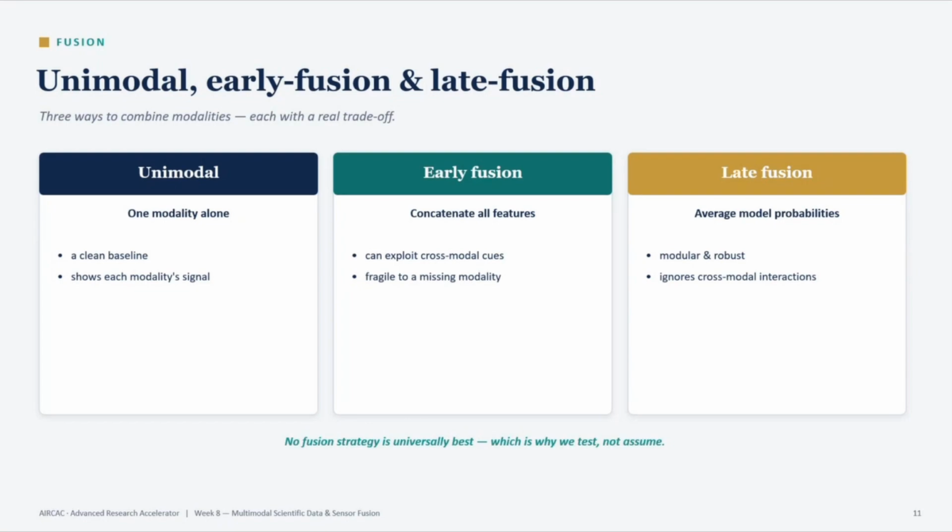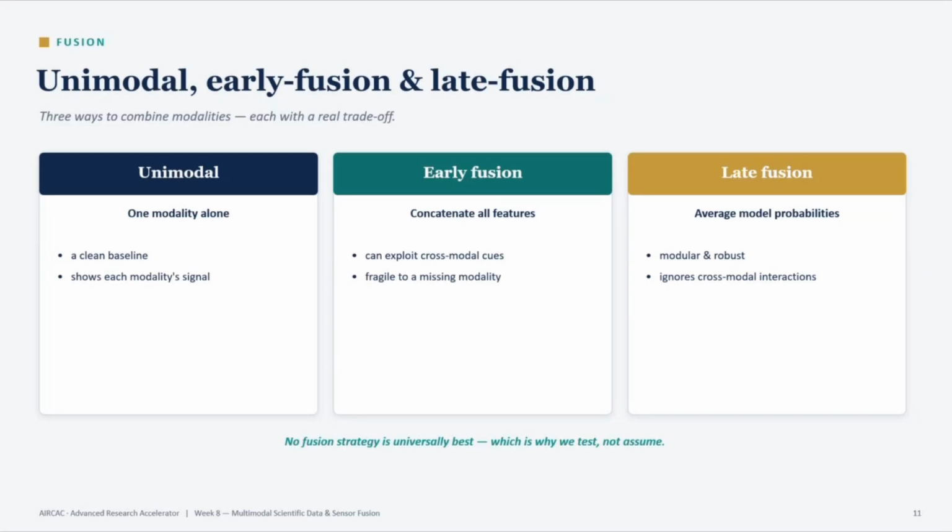This is the weakness of early fusion. And the third approach is late fusion. We build separate models and combine their final probabilities. This is modular and sometimes more robust, but it can miss interactions between modalities.